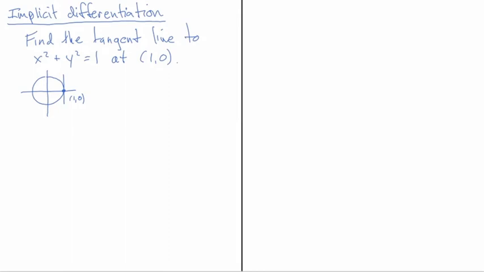So the problem here is, in the last video, where I was just looking for a tangent line that had a slope of 1, what we did was we assumed that y was a function of x, and we rewrote the relationship between x and y like this. Necessarily we couldn't include the whole circle here, but in the end we found two separate points. One was on the upper half circle and one was on the bottom.